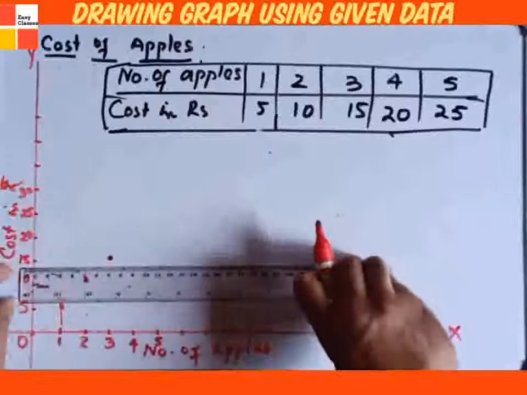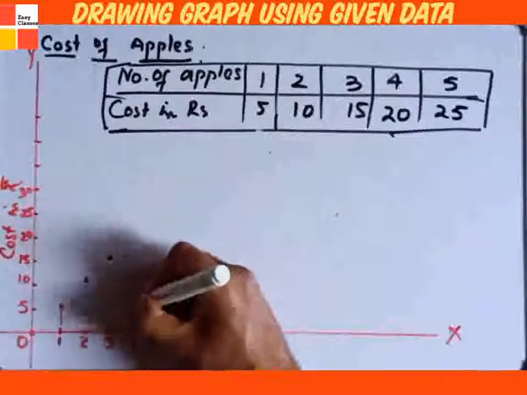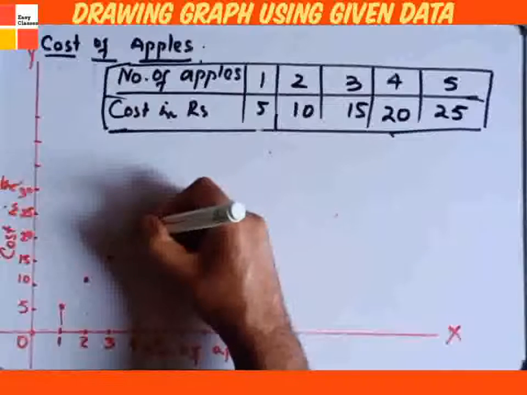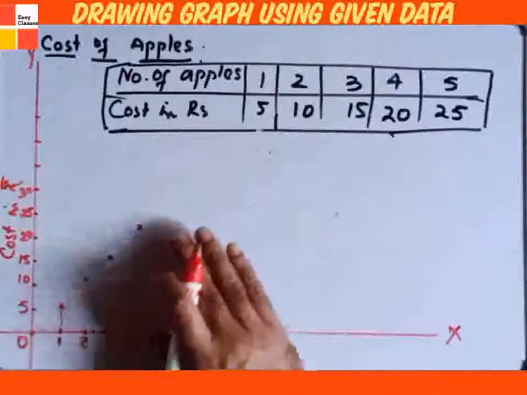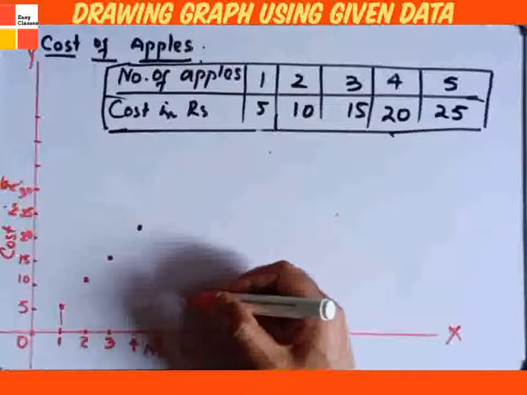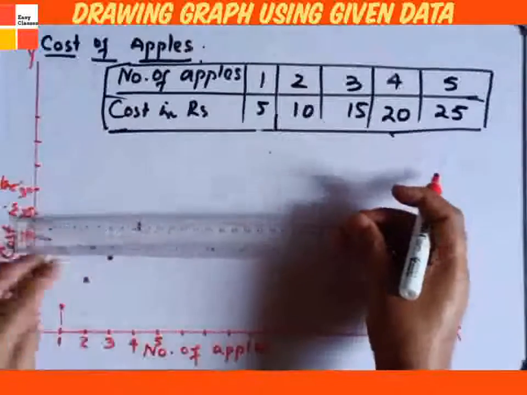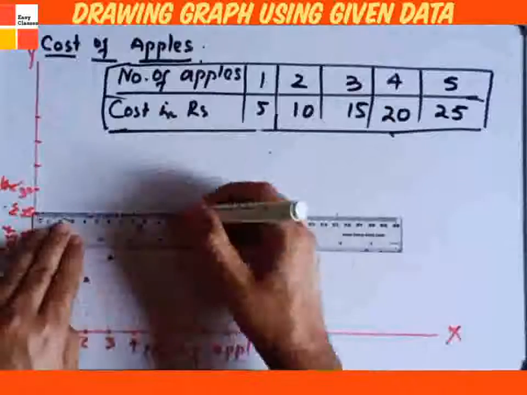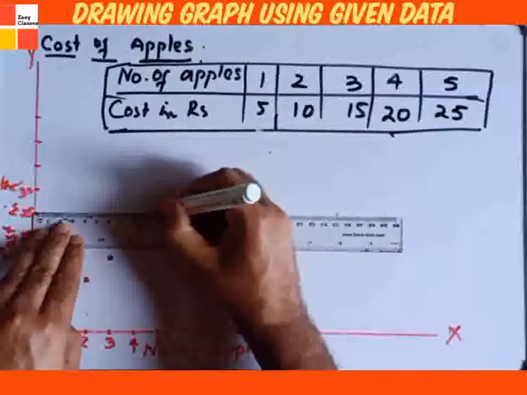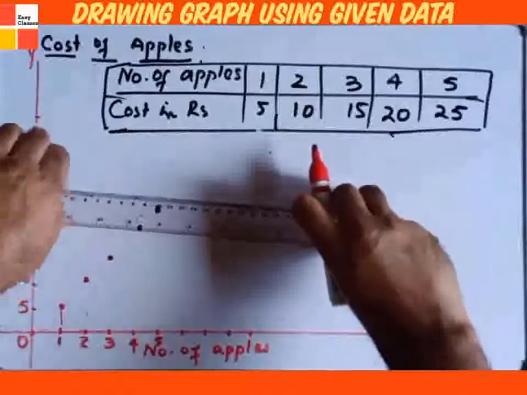Then 4 and 20, so this can be better drawn on a graph sheet. Then 5 and 25. Now try joining these points.